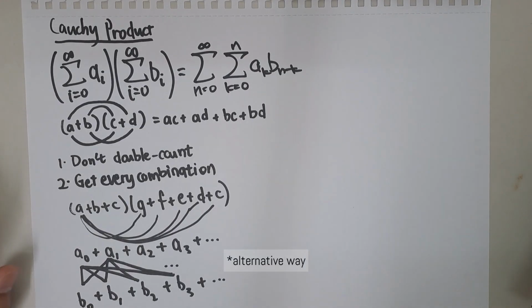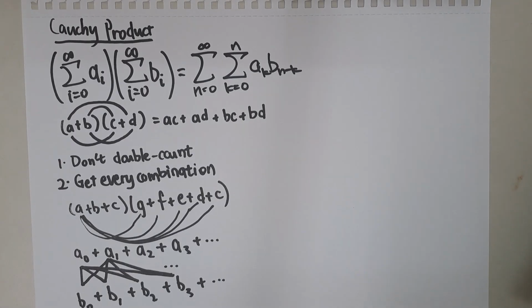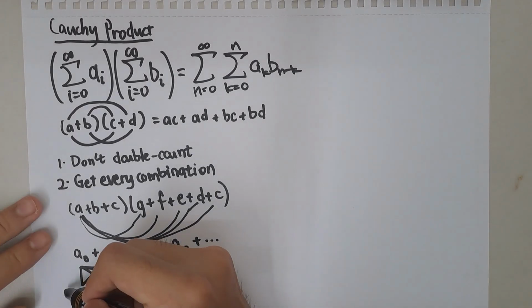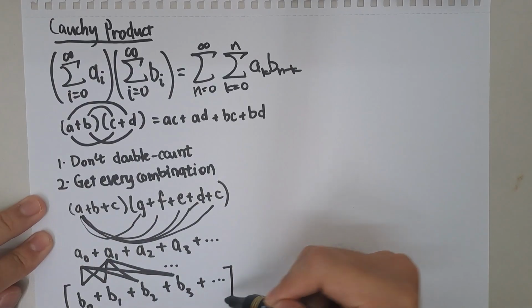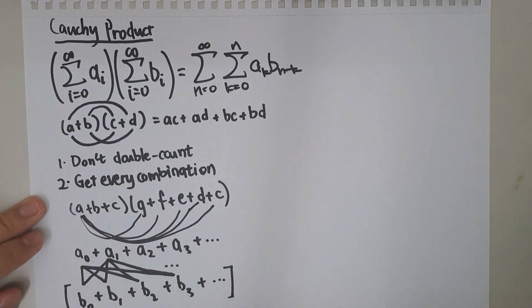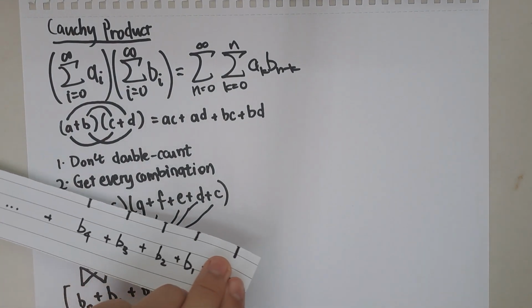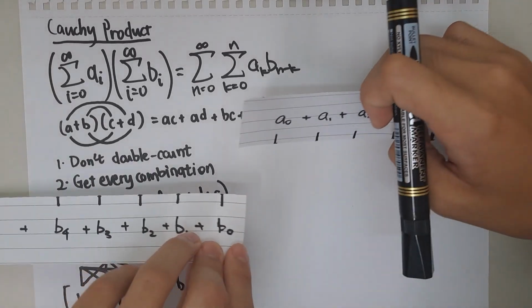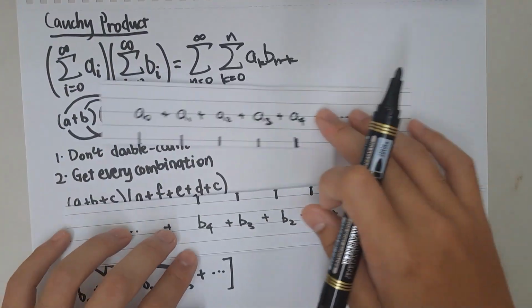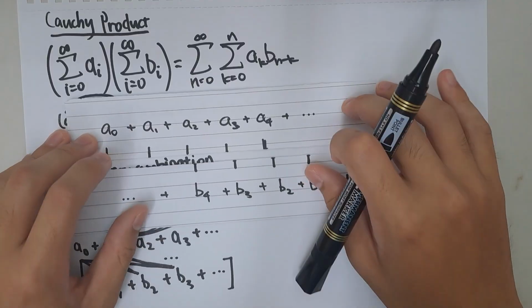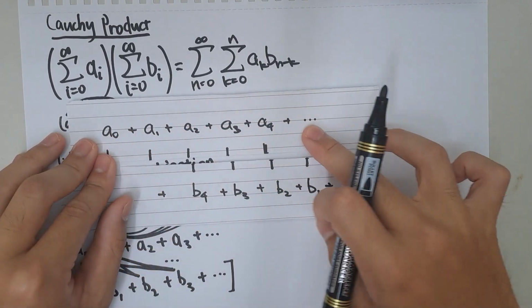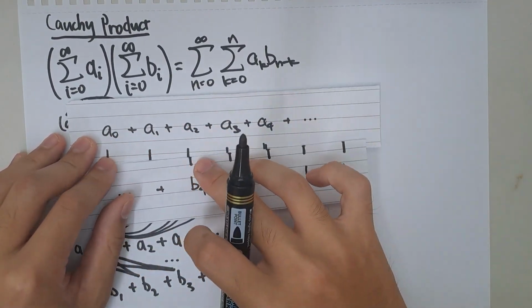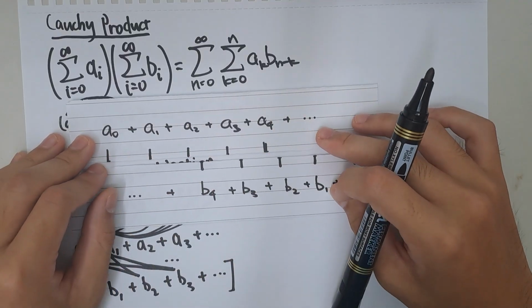But an even better way to look at this is if we flip this sum horizontally. So this is what I've made, and this is the A series in the usual ascending order, well, at least ascending indices.